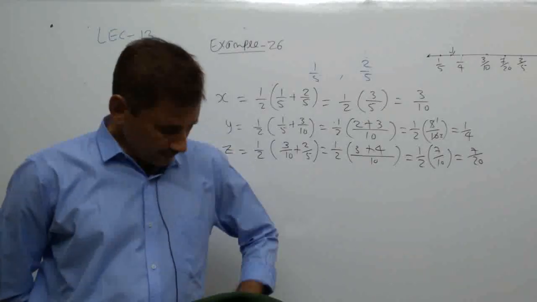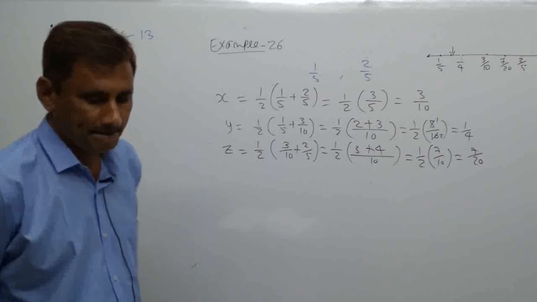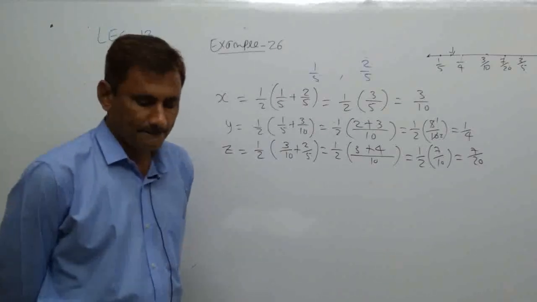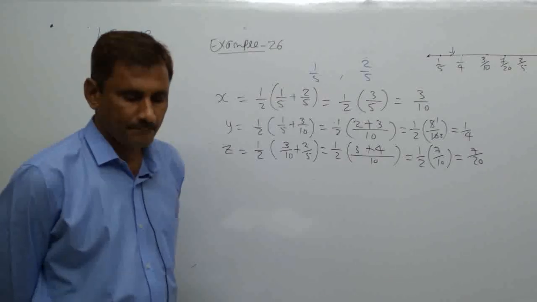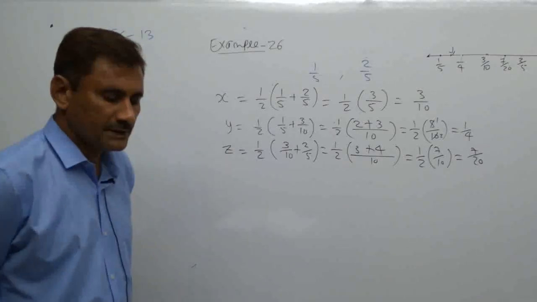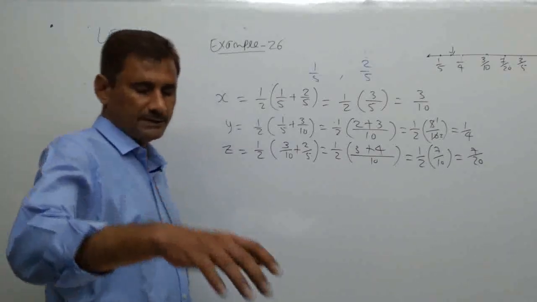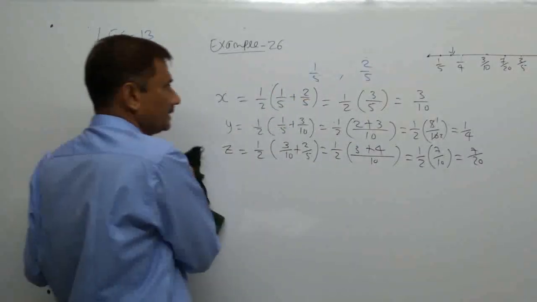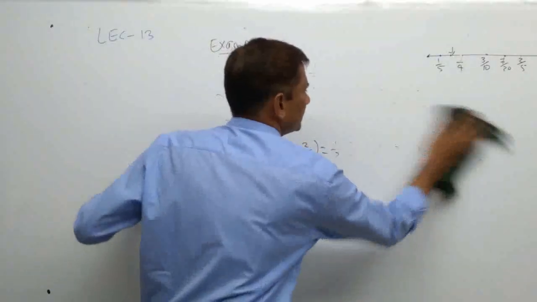Okay, now look at assignment number 1.3. Two possible rational numbers between minus 4 by 5 and minus 3 by 7. Okay, we are in assignment 1.3.